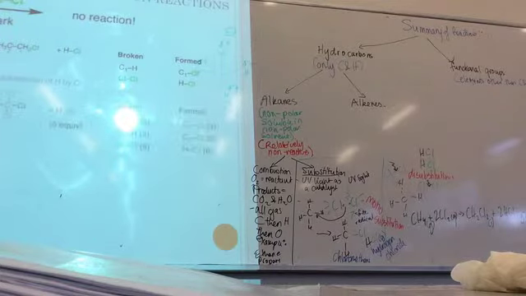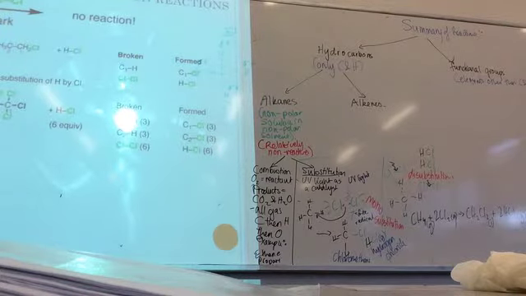But if you add more chlorine, so 6 times the amount that was added here, you get this type of reaction. What's the difference between those two? So between this and this.